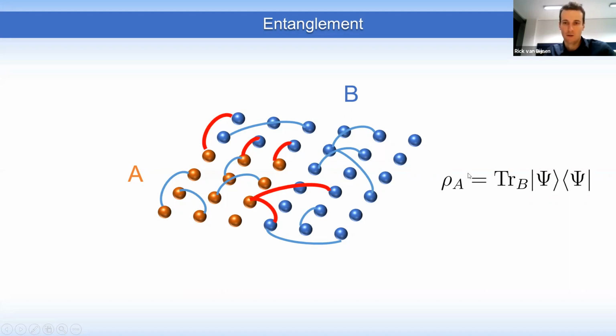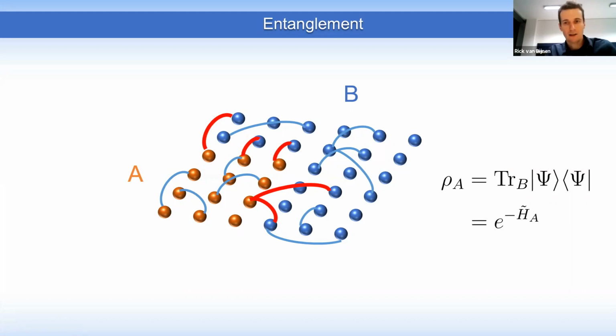So this density matrix here will be a mixed state. And the rank of this density matrix tells you more or less how entangled this subsystem A was with the subsystem B.